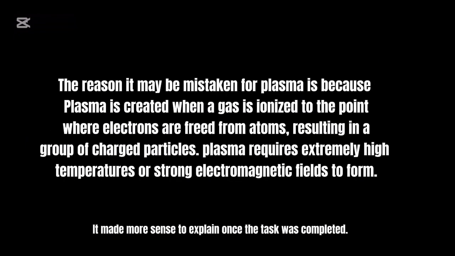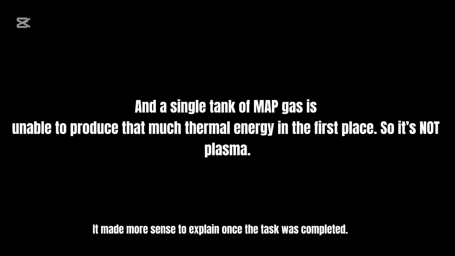The reason it may be mistaken for plasma is because plasma is created when a gas is ionized to the point where electrons are freed from atoms, resulting in a group of charged particles. Plasma requires extremely high temperatures or strong electromagnetic fields to form, and a single tank of MAP gas is unable to produce that much thermal energy in the first place, so it's not plasma.